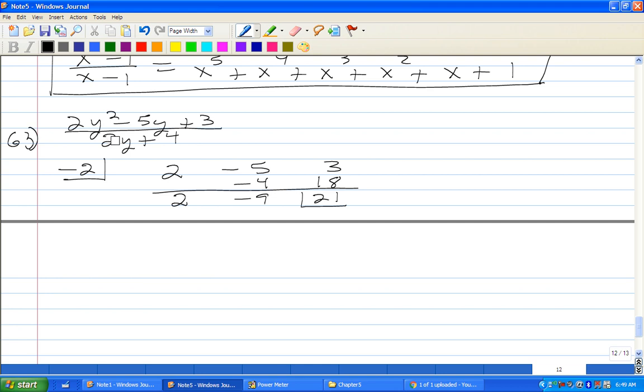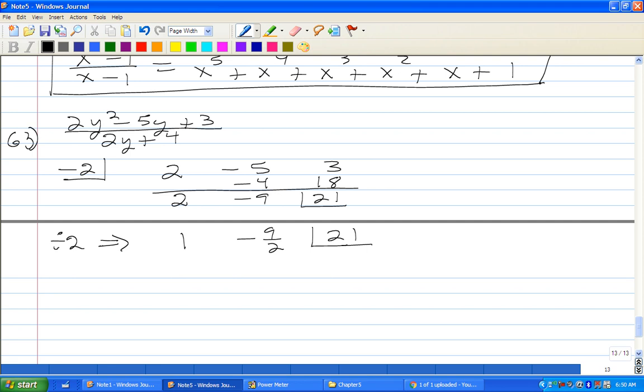So now let's divide everything by 2. I get 2 divided by 2 is 1. Negative 9 divided by 2 is negative 9 halves. But let's not divide out that last term.